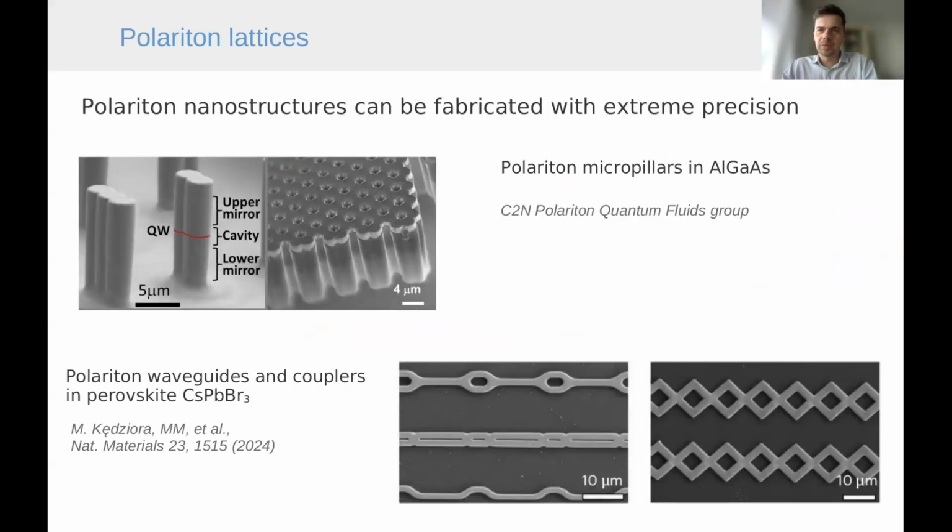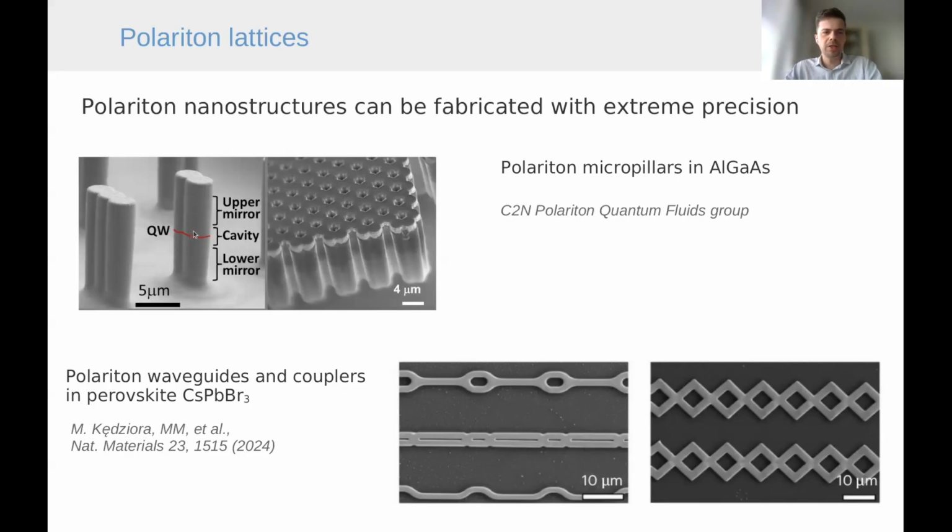What is also nice about polaritons is that they are excitations in semiconductors, and we have very, very good technology that allows us to fabricate semiconductor structures. So, for example, it is possible to fabricate micropillars, which can host polaritons, in materials such as aluminum gallium arsenide.